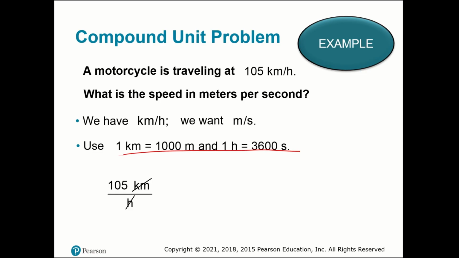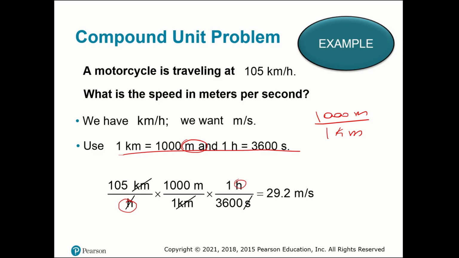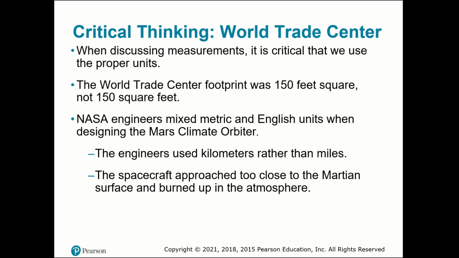If you have kilometers and want meters, we're going to use 1,000 meters divided by 1 kilometer, so I can cancel kilometers. Then I have hour down here, but I want seconds, so second must be down there and hour must be over here. So I can cancel hours and I will keep seconds. So it will be 29.2 meters per second. Okay?